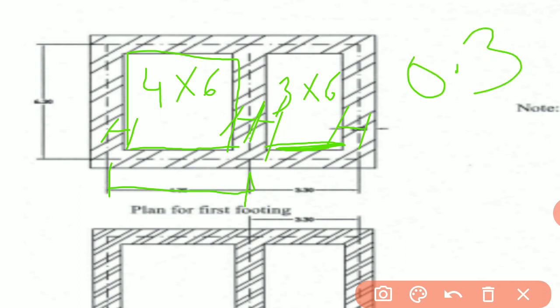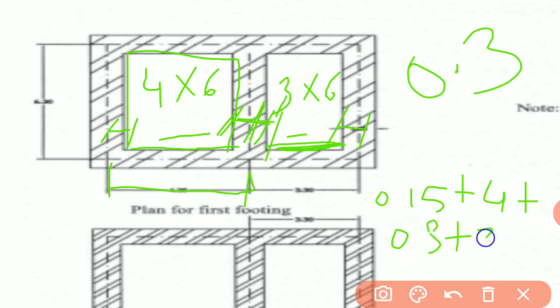Okay, now for this 4 meter, we'll do likewise: firstly 0.15, plus 4, plus, now this whole wall we are supposed to calculate half for this 4 meter and half for this 3 meter, so plus 0.3, plus 3 meter, plus 0.15.